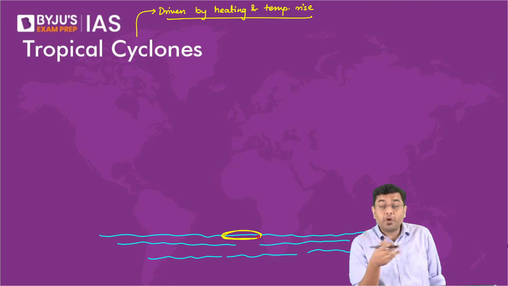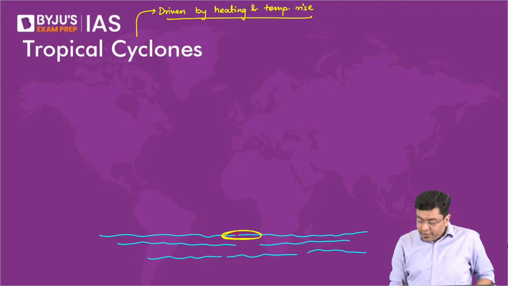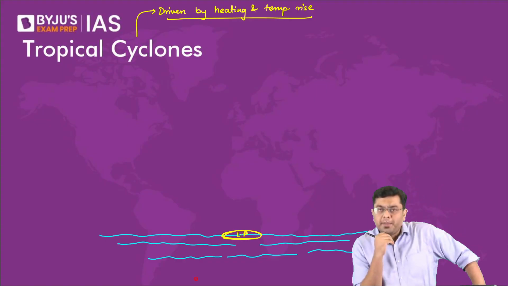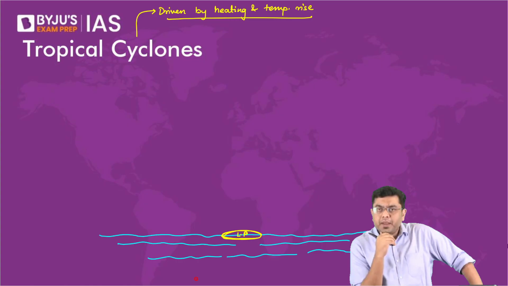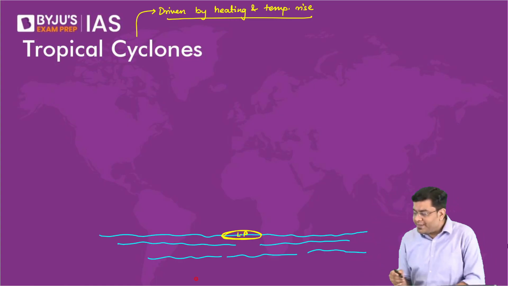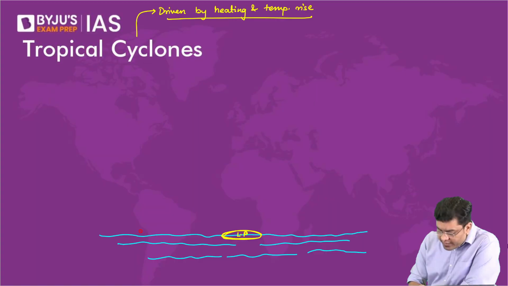When the temperature of these waters starts increasing beyond 27-28 degrees Celsius, that is when an intense low pressure gets created. So let's suppose here you have the creation of an intense low pressure. What will happen to the air immediately above it? It will rise up. Furthermore, an intense low pressure will attract winds from all sides. Always, low pressure will attract winds from all sides.